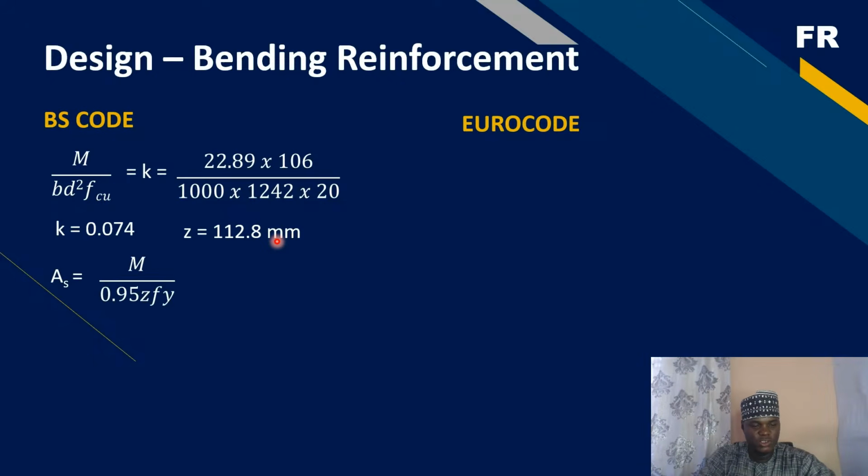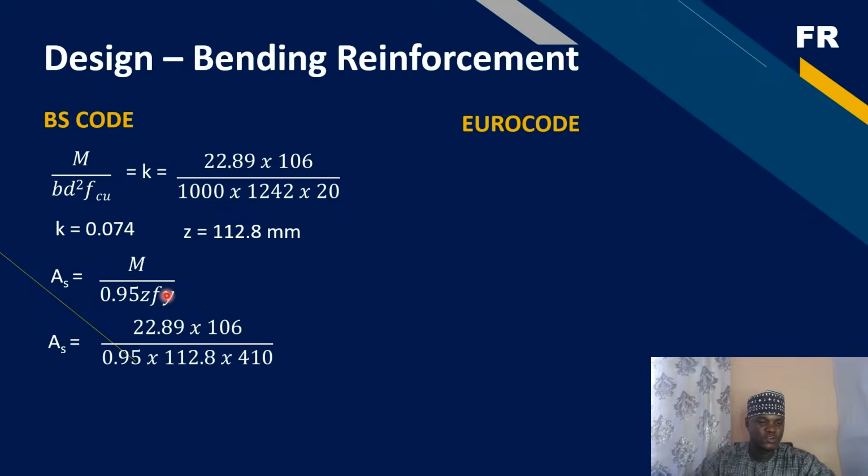So the As required will now be calculated from this value, M over 0.95 z fy. If you substitute the value of M, which is 22.89 times 10 to the power of 6, divided by 0.95 times 112.8, fy here is the characteristic strength of the reinforcement, which is 410.